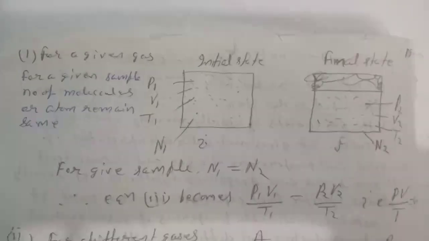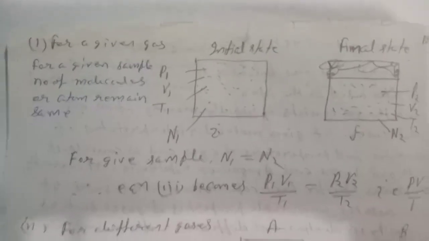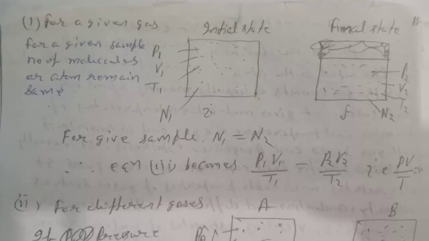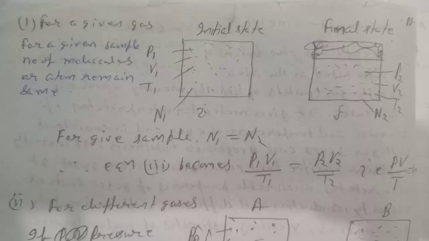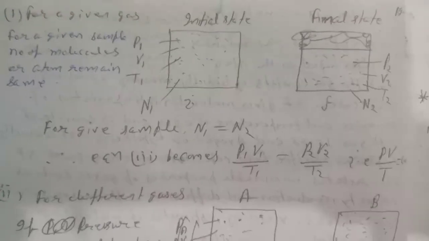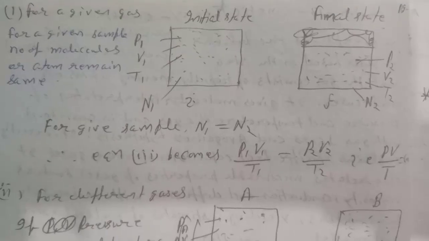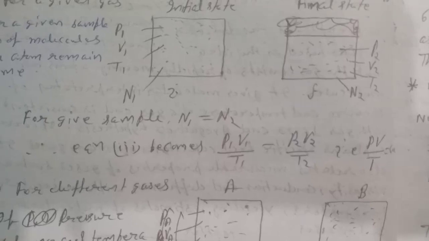For a given mass of gas, there are two states, initial and final. For a given sample, the number of molecules or atoms remains the same. So N1 equals N2, hence equation 3 becomes P1V1/T1 equals P2V2/T2. That is, PV/T equals a constant.